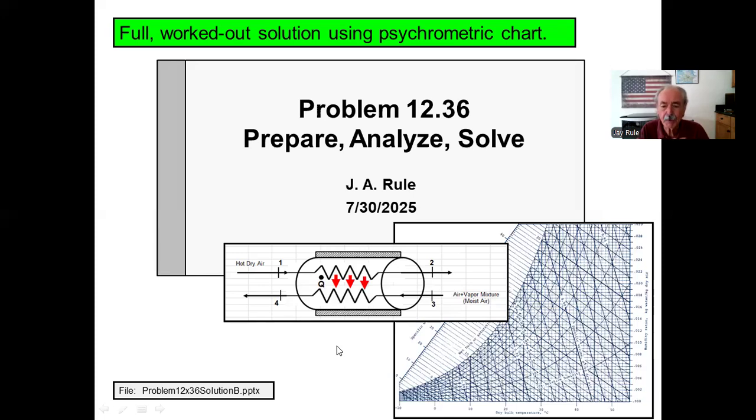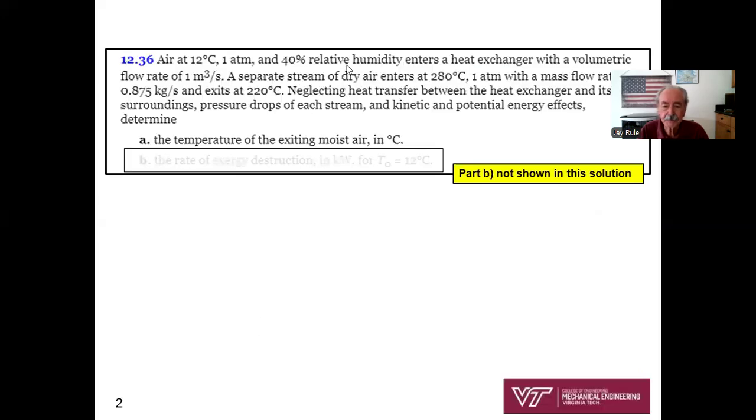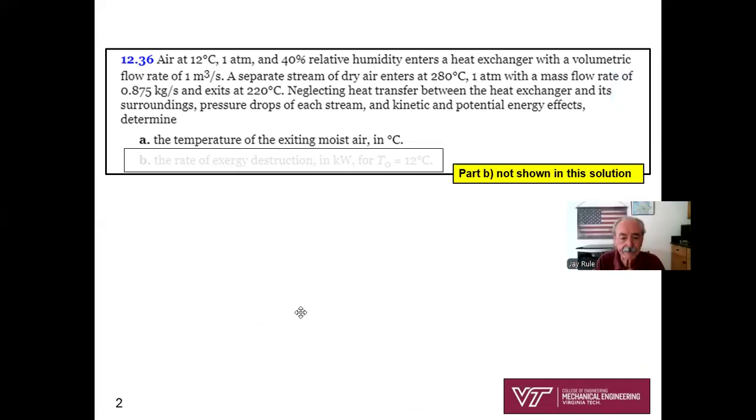So let's look at the problem statement first, refresh our memory about problem 1236. It says air at 12 degrees C, 1 atmosphere, and 40% relative humidity. That's the clue that it's a mixture of air and vapor. Enters a heat exchanger with a volumetric flow rate of 1 cubic meter per second. Okay.